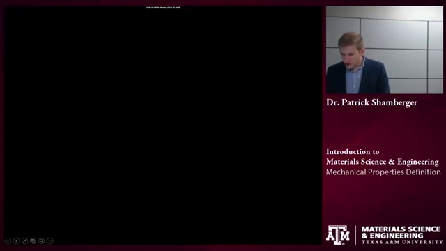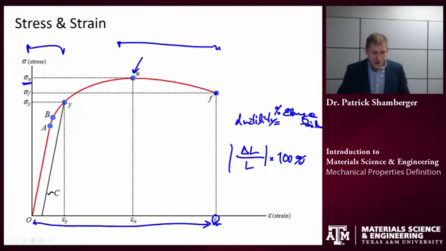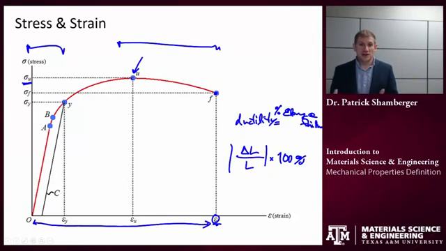One other thing that I wanted to talk about, I guess we're using the same graph, we can talk about how much energy it takes to either break a material or how much energy can be stored elastically. And how we do that is by integrating different areas of the stress-strain diagram.